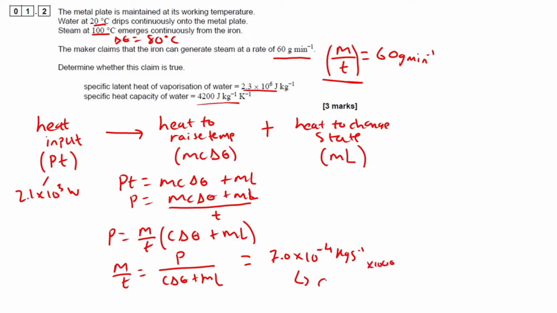When I do that, I get 0.8 grams per second, and then I'll times it by 60 to get into grams per minute, and I get 48 grams per minute. So the claim is not true. That's less than the 60 grams per minute it claimed.